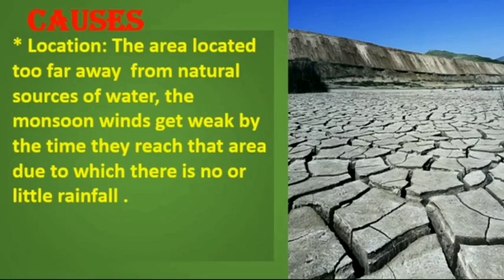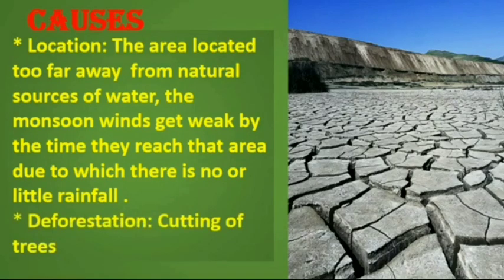Like in India, some areas of Rajasthan, Bihar and Madhya Pradesh are far away from the natural water resources. That's why those areas tend to receive little or no rainfall. One of the major causes is also deforestation, that means the cutting of trees, which leads to scarcity of rainfall in that particular area.